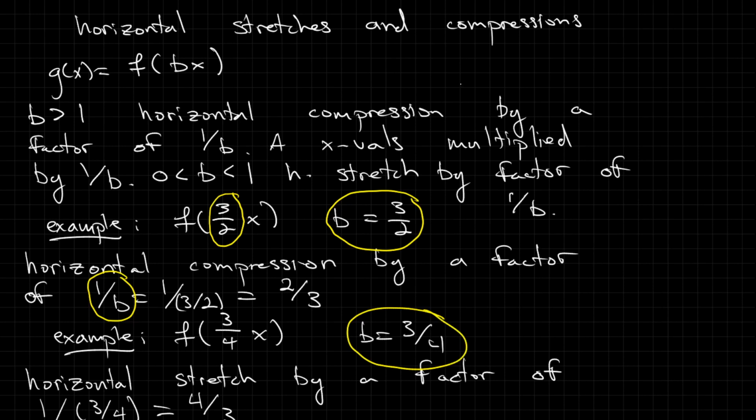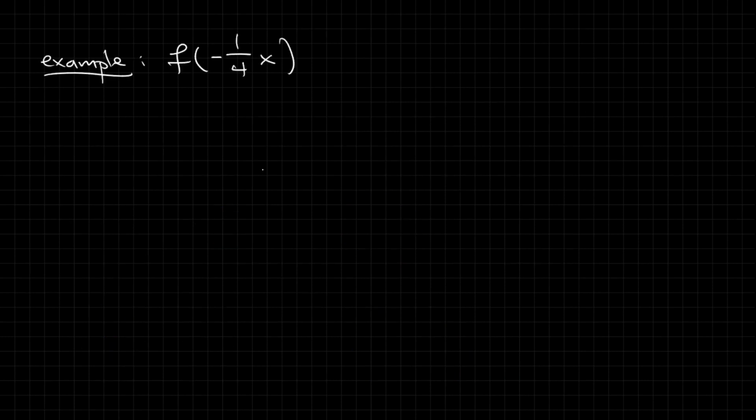Also, similarly to the vertical stretches and compressions, if there is a negative sign, then you're also going to have a reflection. So for example, if you have f of negative 1/4 x, then this here would be b. b equals 1/4. So b is between 0 and 1. That's going to result in a stretch.